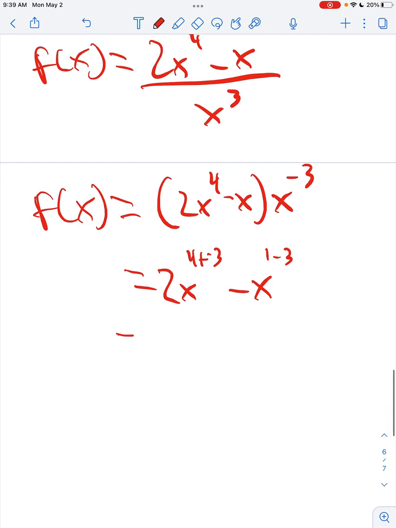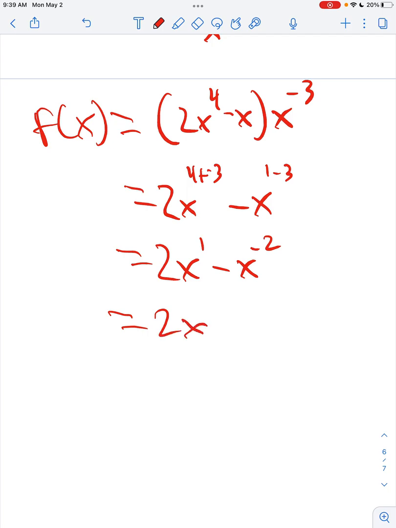So I'm going to get 2x to the positive 1 minus x to the negative 2, which we can simplify to 2x over x squared, but we actually want to keep it in this form so that we can use our power rule. So now I'm going to find the derivative of this function.